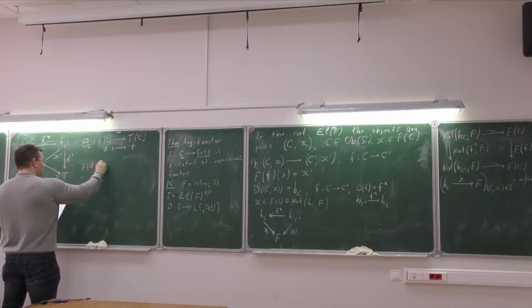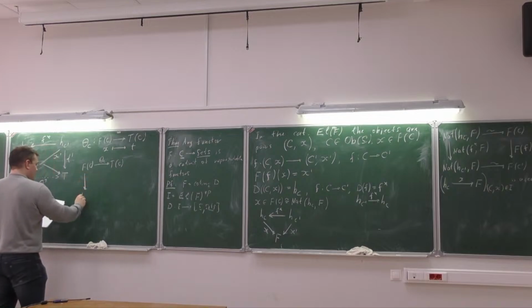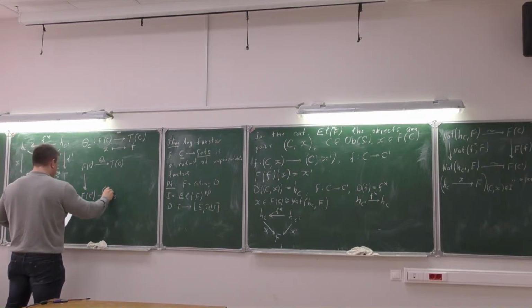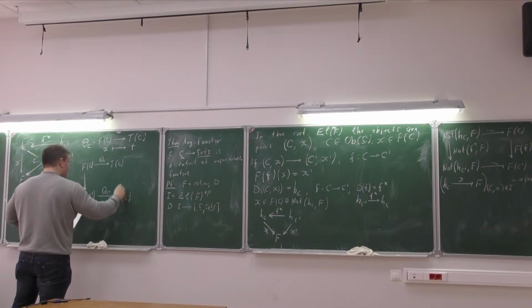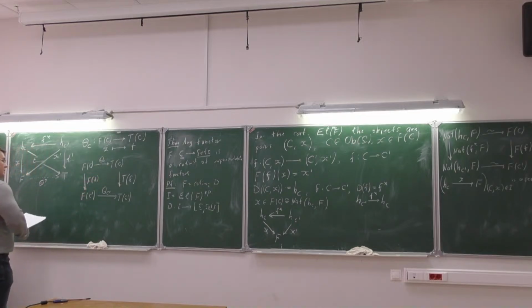So F of C, theta sub C, T of C, F of C prime, theta sub C prime, T of C prime, and the arrow is T of f. This is the condition that we need to check, and we can do this computation explicitly. Let's start with T of f composed with theta sub C, which is applied to some element little x.